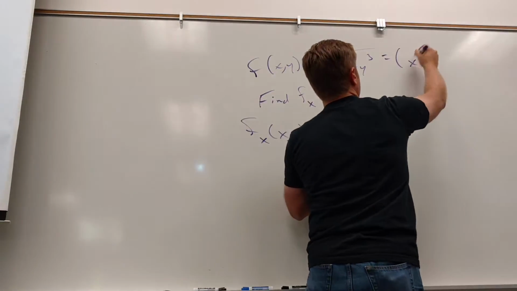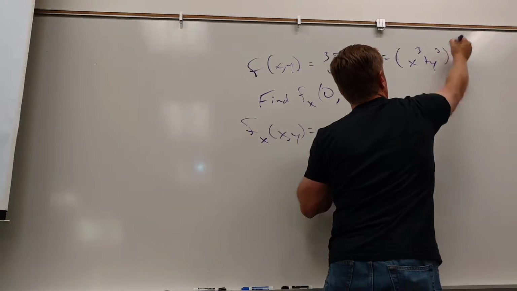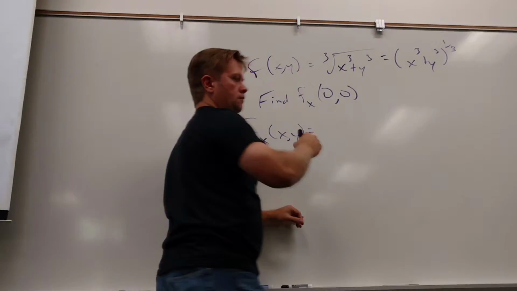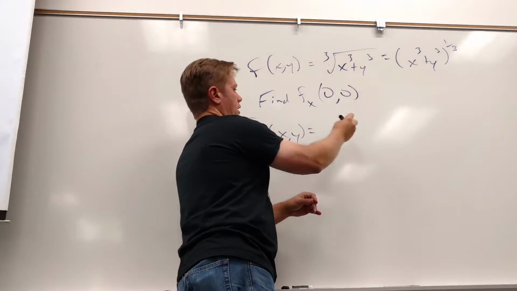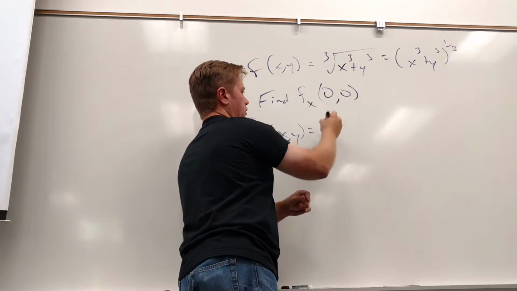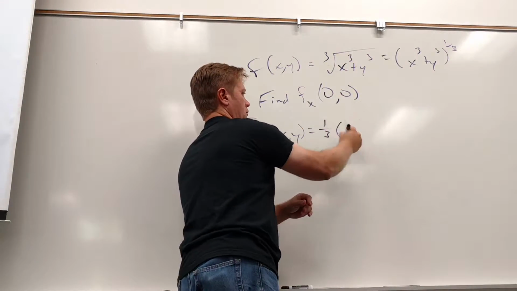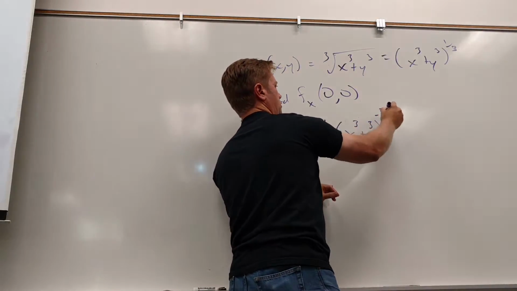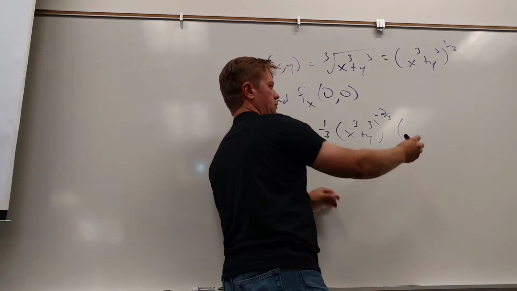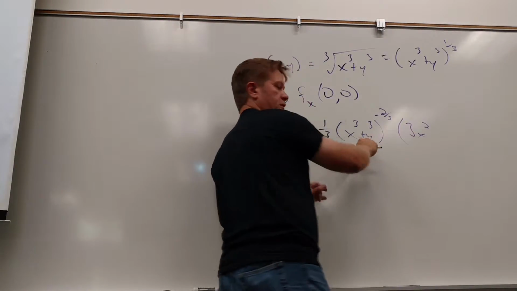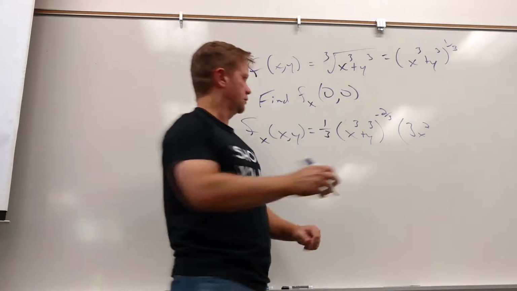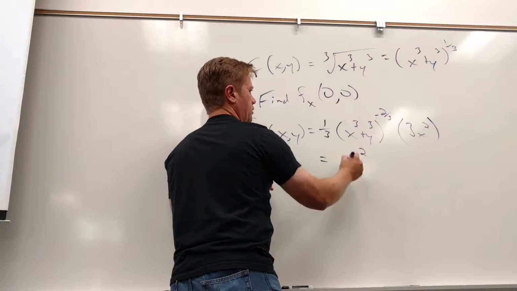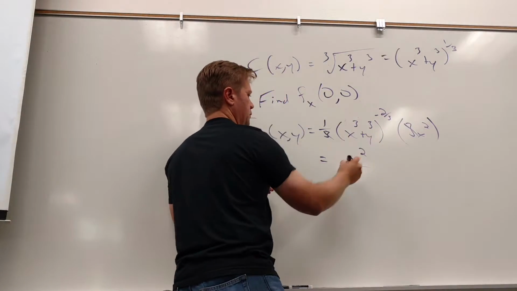So it'll be 1/3 (x cubed plus y cubed) to the negative 2/3 times 3x squared plus 0. And the 3's cancel, so you end up with x squared over this business.